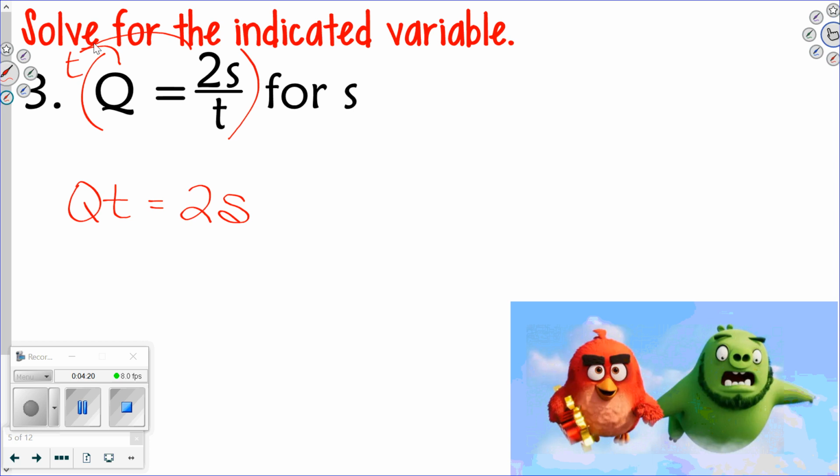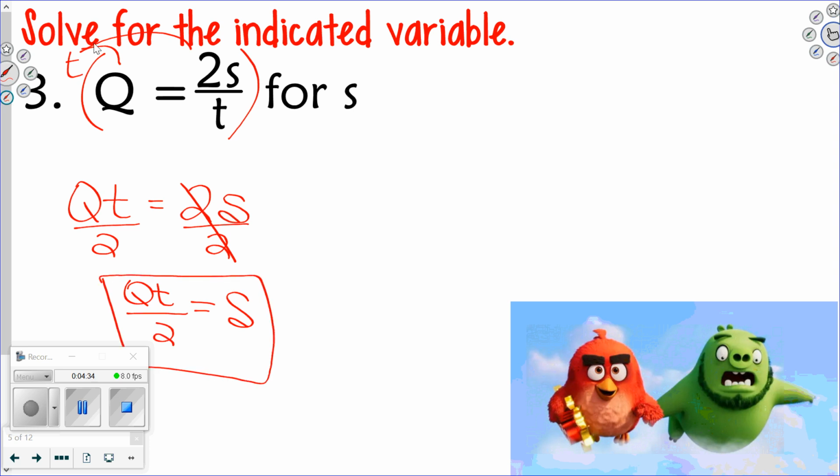No. What else do I have to do? Good. We'll divide by 2 and get your 2's to cancel. I have just an s left, and it's just going to be qt over 2. So don't think you're going to get some beautiful, pretty answer at the end of these. We are literally just rearranging formulas. That's all we're doing today. So no nice, pretty answers.